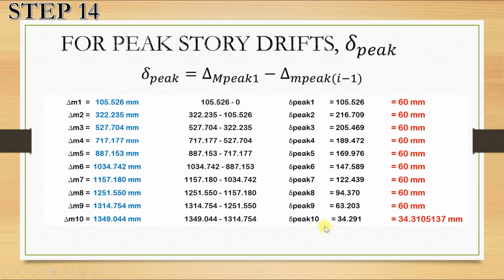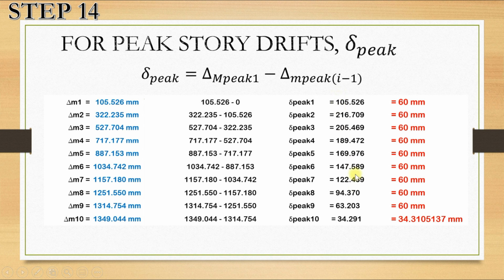So, sa delta M10, dito sa 10th floor, ang peak story drifts niya ay 34.2291. Since ito ay sobra na, hindi na natin pwedeng gamitin.